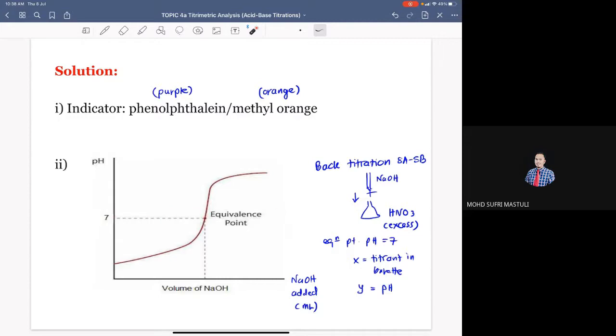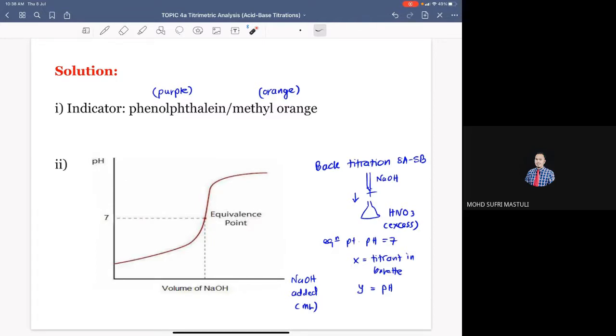So the question is, why is the curve in this way? Why not in this way? Why does the answer give you the curve in this way?